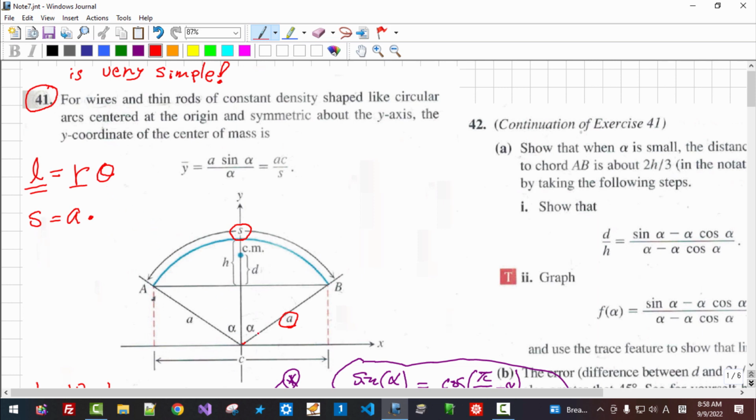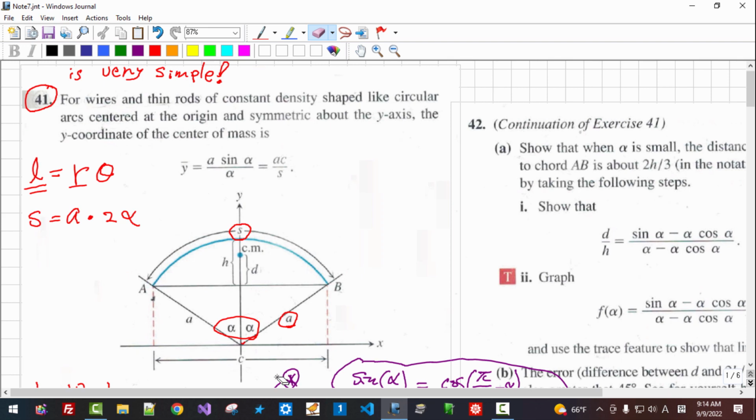Theta is 2 alpha. Please observe this diagram carefully. C is this length. So this length is C over 2, half of C.